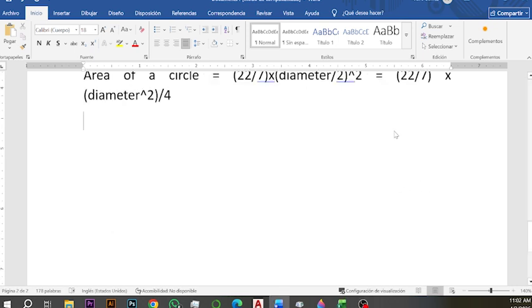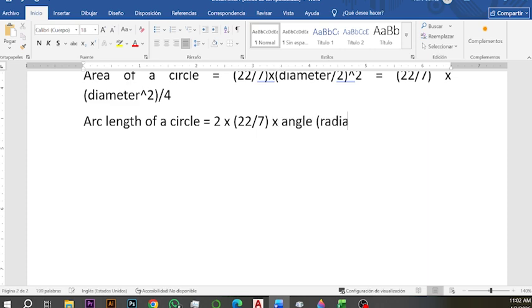So the next item we're going to discuss is the arc length of a circle, which equals 2 times pi times the angle in radians. So you might be asking yourself, well, how do I obtain the radians? Or how many degrees does a circle have?